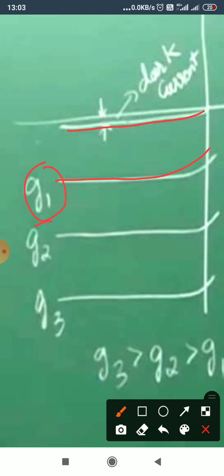If we keep on increasing the intensity of the light, then the reverse current which flows in the p and n junction keeps on increasing. Why is it increasing? When we shine a light on a particular p and n junction, electron hole pairs will be generated, and because of the electric field intensity, the holes will be swept back to their p region and electrons will be swept back to the n region.